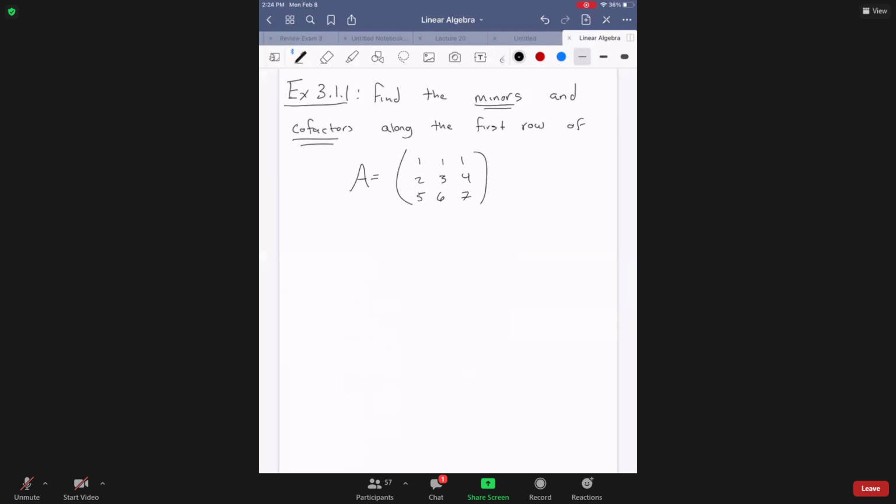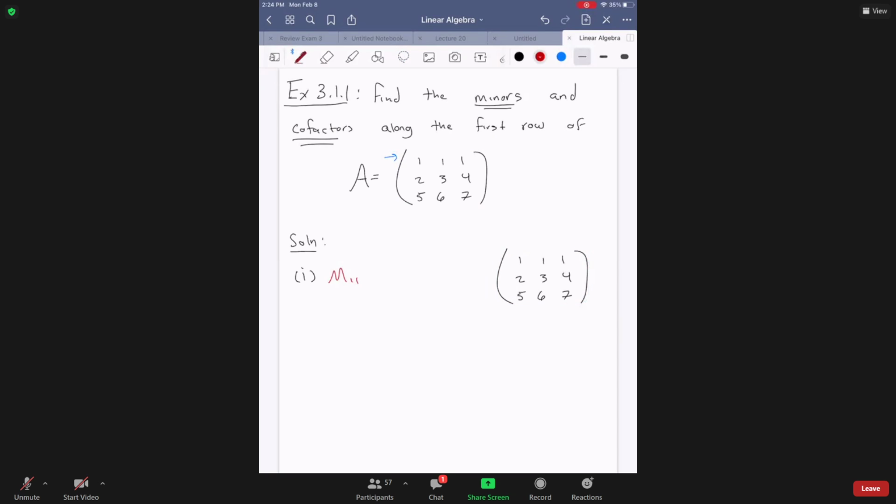I'm only going to go along this first row since that's what the question said. Solution: first thing you do, I'm just going to list them out. I'm going to do the minors first. So M11. Let me actually color code it. M11, I'll start off here. Let me take a copy of this because you'll see what I mean by this copy.